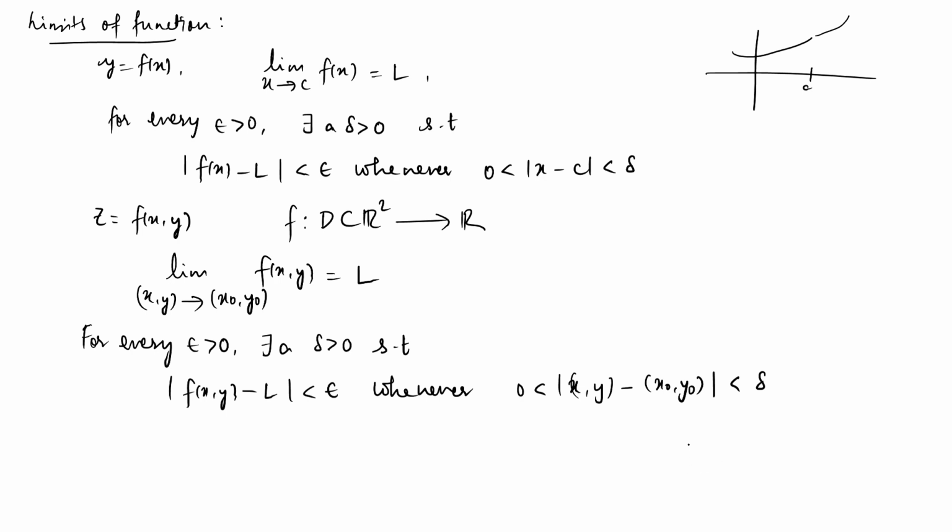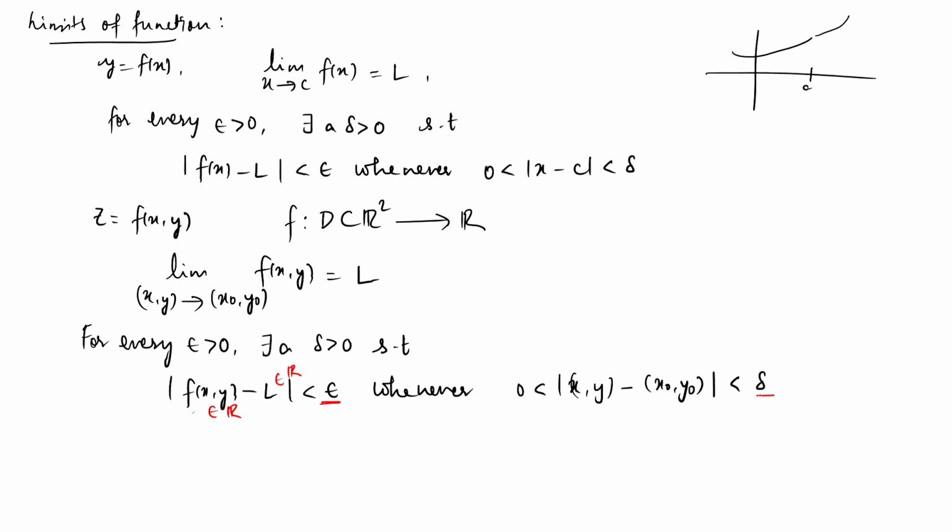It is just the direct application of these things. If you have a closer observation, f of x y will land in the set of real numbers. L is also a real number. This epsilon is a very small positive quantity which is a real number.